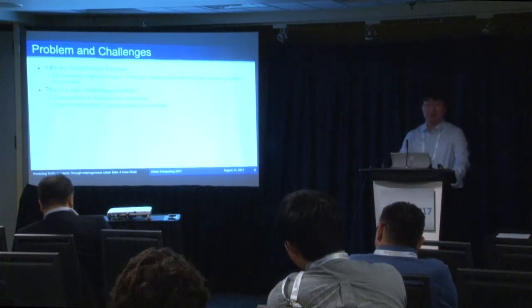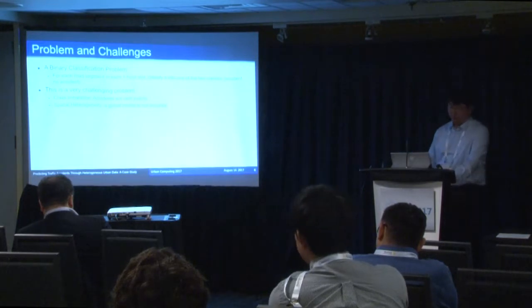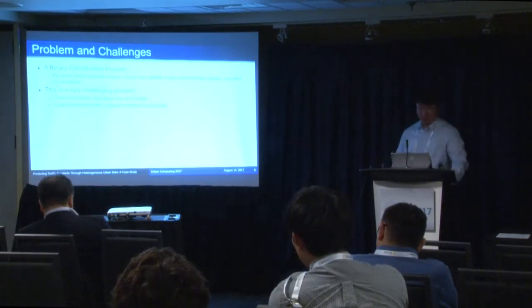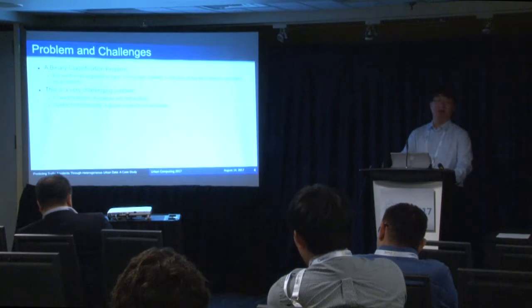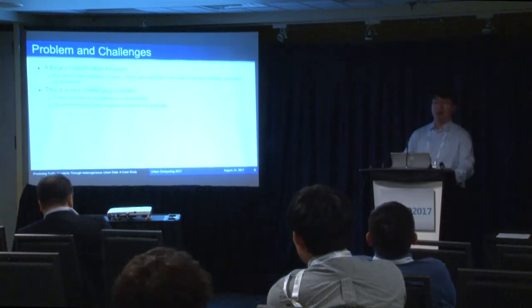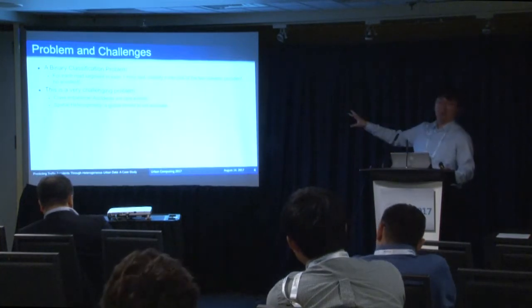And second is spatial heterogeneity. Consider a global prediction model. Let's say we learn a global model from all the road segments, from all the data.